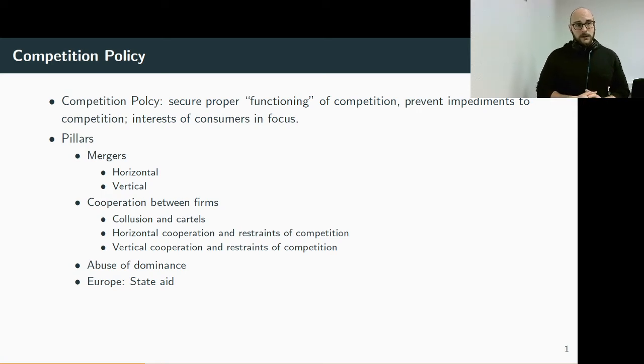Among theorists and empiricists, it's still very much a debate whether this is always harmful or how harmful it is. In reality, we know that, first of all, in the EU, resale price maintenance is per se forbidden, so it falls in the domain of what we will learn in the next slides as being a core impediment to competition, whereas in the US, they have moved away from this standpoint a little bit.